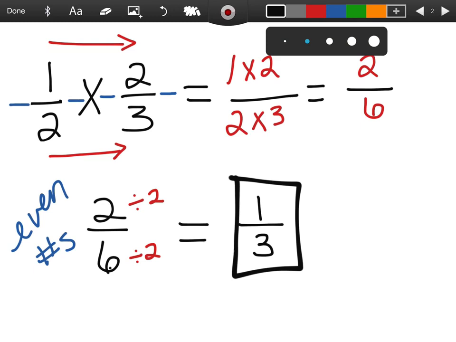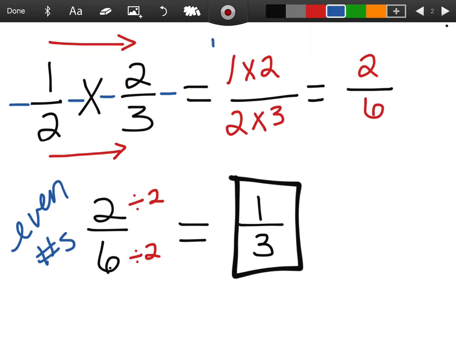So 2 divided by 2 is 1, and 6 divided by 2 is 3. So my final answer would be 1/3. Please be sure that you are doing all of these steps. You should have 3 steps. 1, list out what you're multiplying. 2, multiply them.